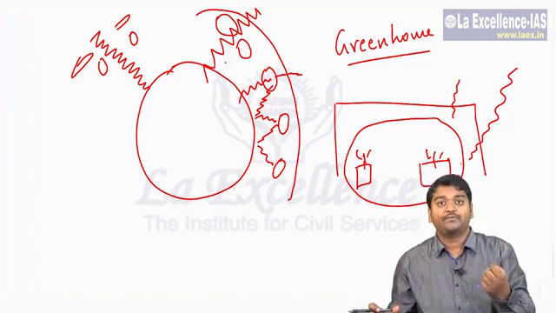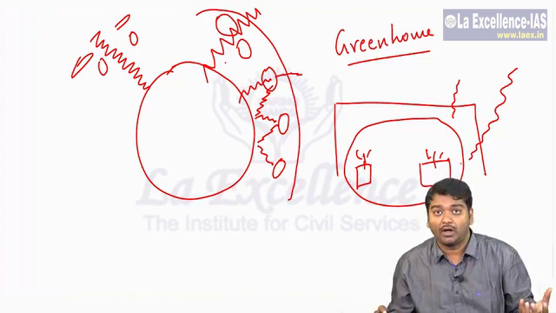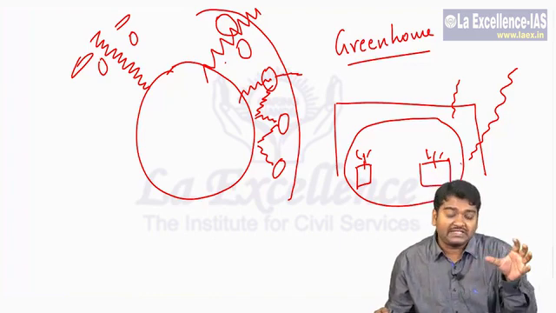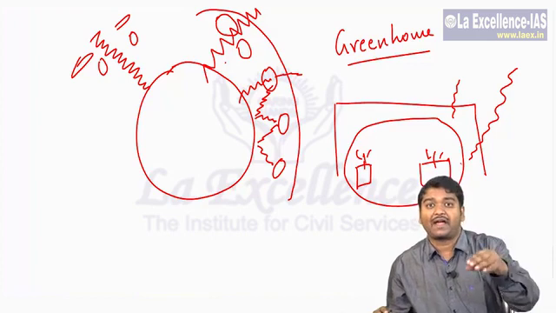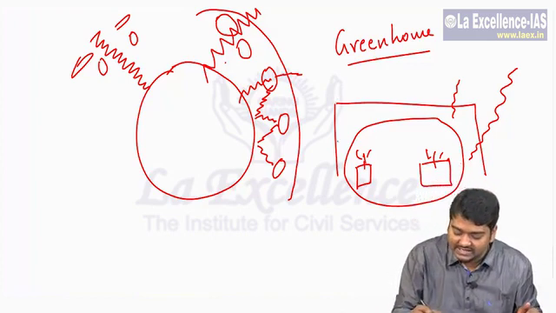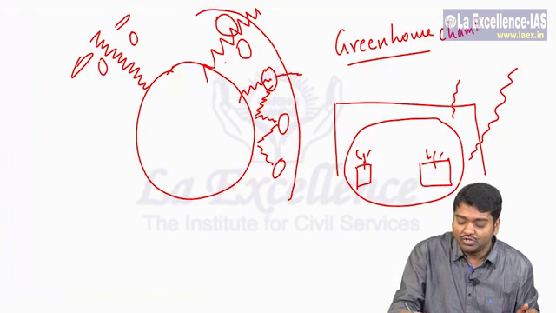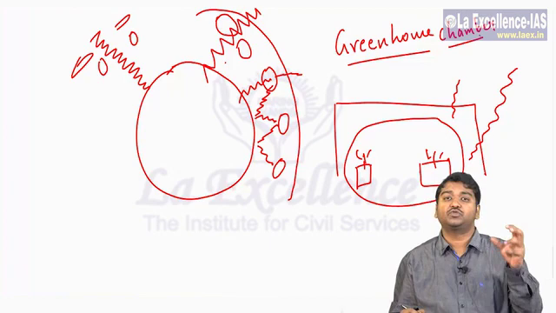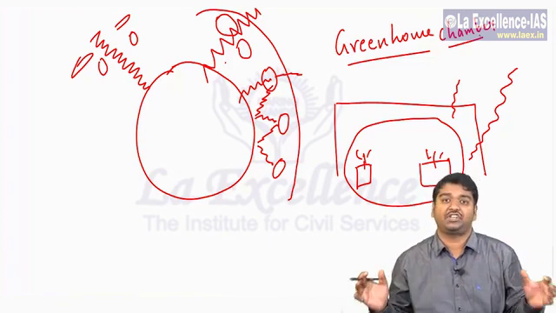Now, carbon dioxide and other greenhouse gases, as we call them, usually have a tendency to absorb the escaping Earth's rays and emit them back. Due to this, the atmosphere acts as a greenhouse chamber. Carbon dioxide is one of the most important components of this greenhouse chamber.